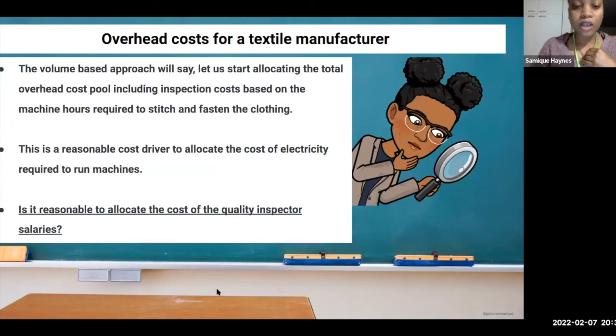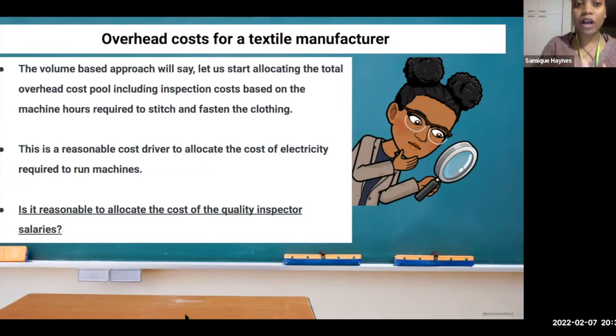Take overhead costs for a textile manufacturer. This is what the volume-based approach will say: let us allocate the total overhead cost pool, including inspection costs, based on machine hours required to stitch and fasten the clothing. Now listen to this.